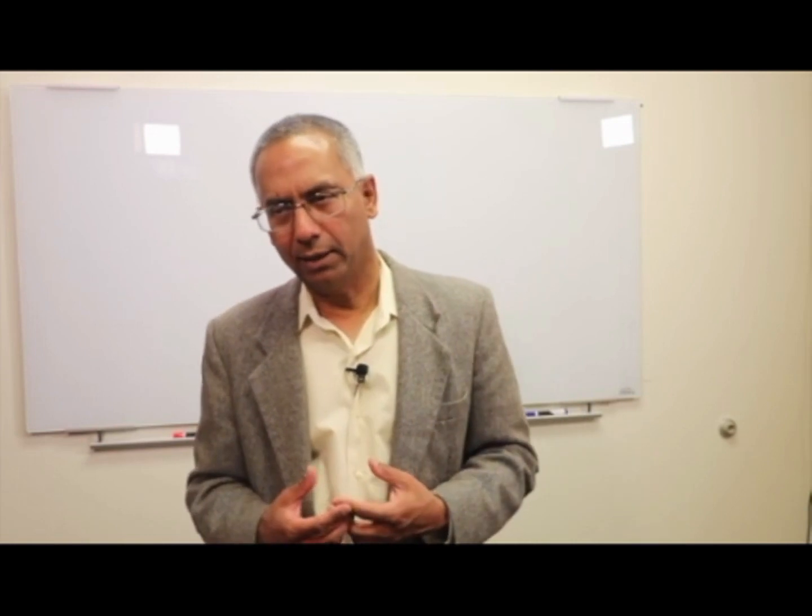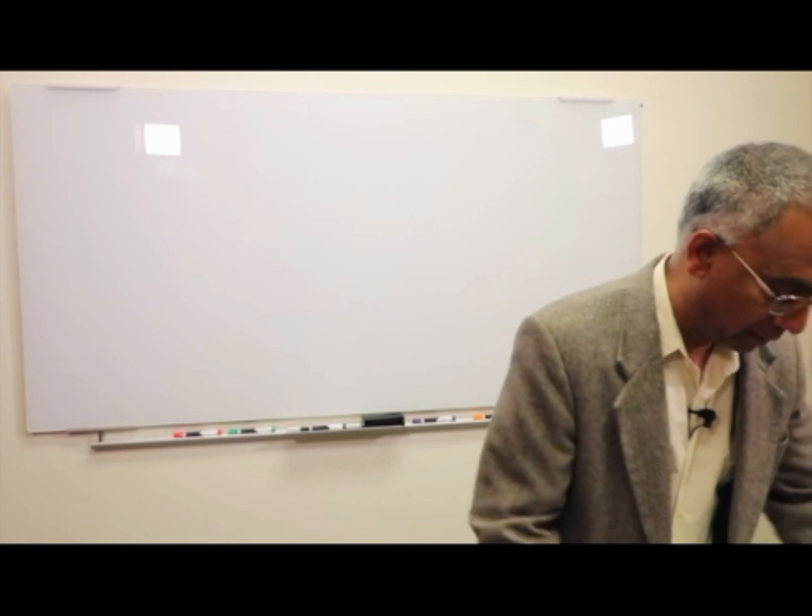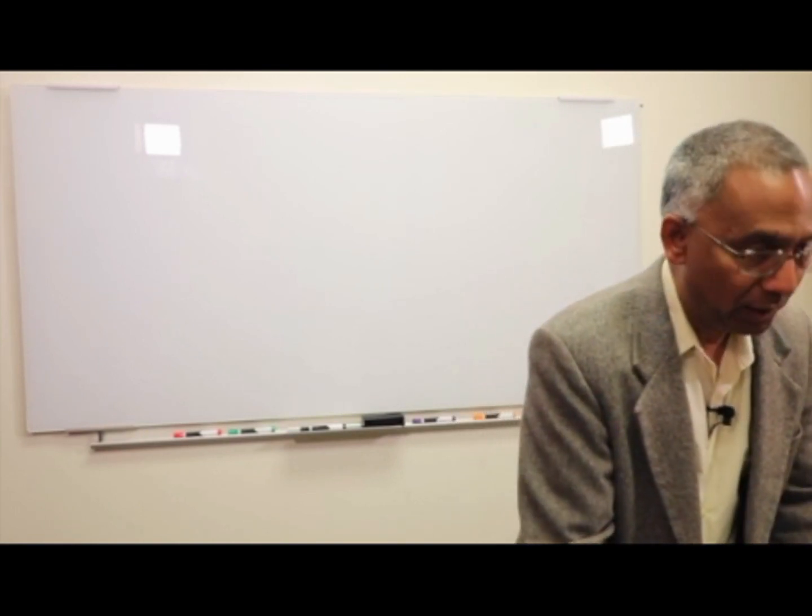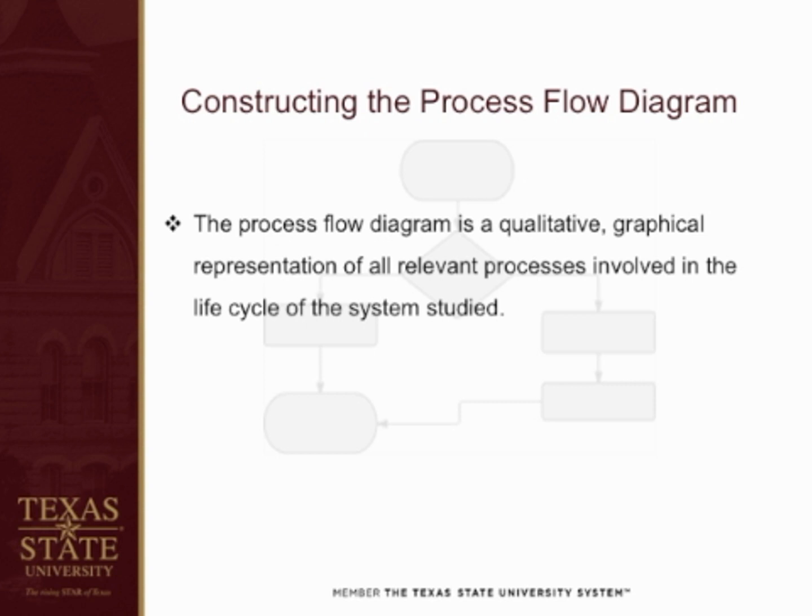Now the question then is, what is a flow diagram? So let's talk about that, and we'll take a look at an example. A flow diagram or a process flow diagram is simply a qualitative graphical view of the entire process, spanning the entire life cycle of a product or process.